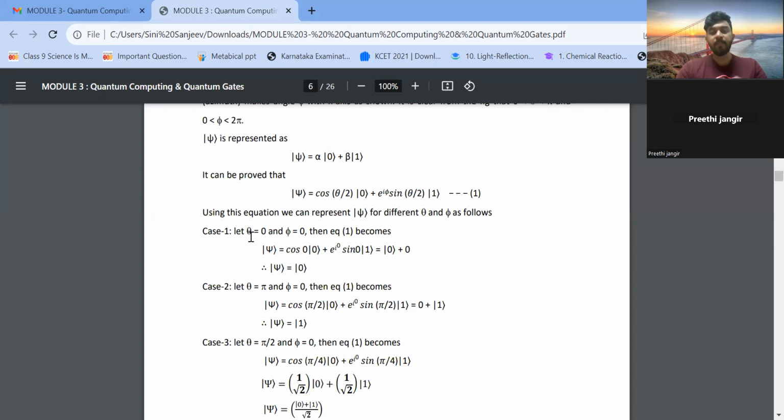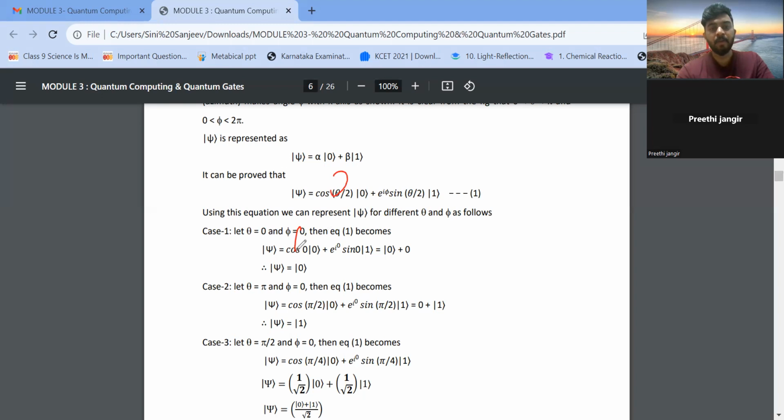Now case 1. We have 0 degree, 90 degree, 180, 270, 360 degree. Now if I put theta equal to 0 here, what is cos 0?